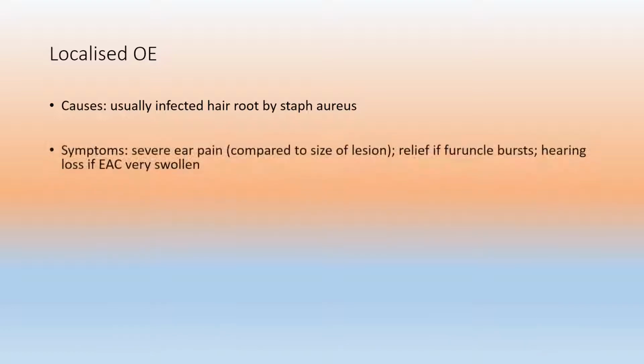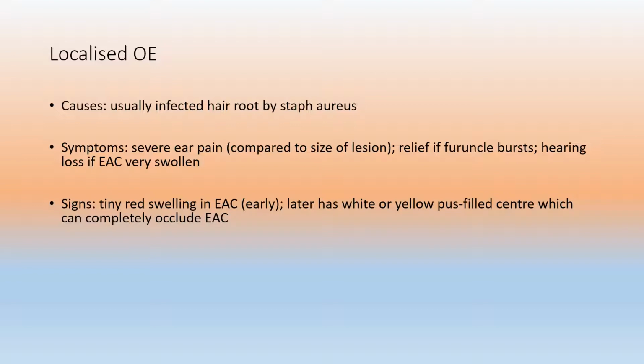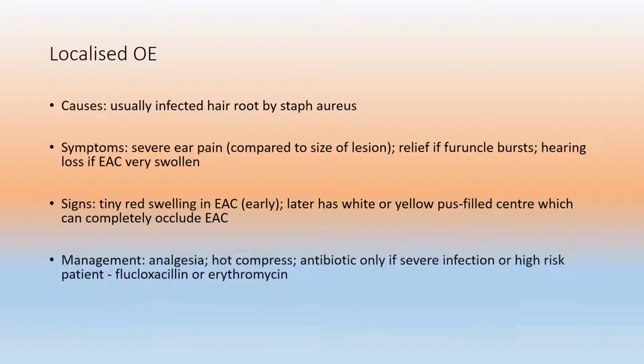Localized otitis externa is usually caused by an infected hair root by Staph aureus. Symptoms: severe ear pain compared to the size of the lesion, relief if the furuncle bursts, hearing loss if the EAC is very swollen. Signs: a tiny red swelling in the external auditory canal early, later a white or yellow pus-filled center which can completely occlude the EAC.